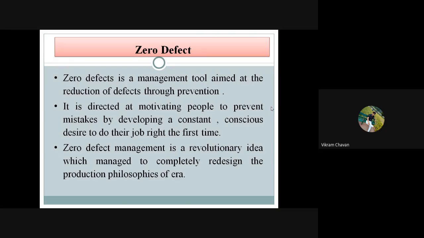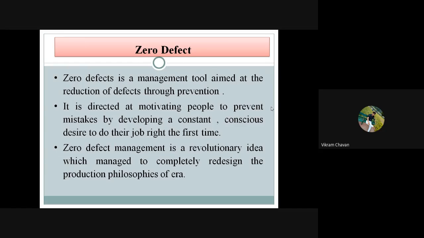Okay, so it is a different thought process. Means what? The workers are involved in this particular management tool, because it's an attitude of an employee to strive for zero defect. So for that purpose, the motivation should be provided to achieve this.